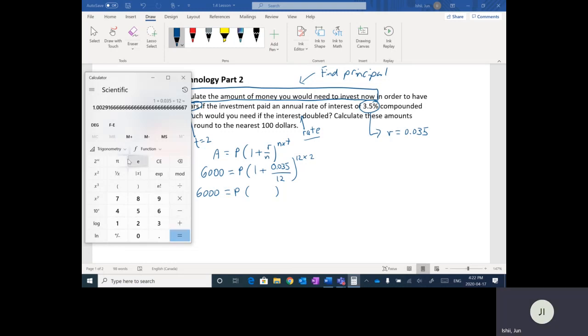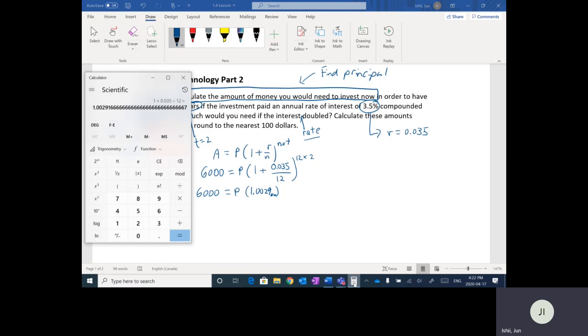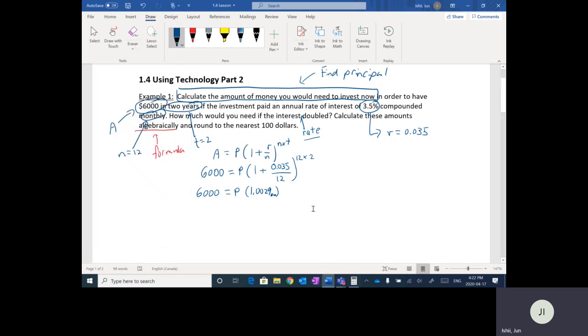Inside the brackets I got this really long decimal, but I'll just write down 1.0029 dot, dot, dot. Remember, we're going to do the rounding at the very end, so when it comes to these calculations, we want to leave the decimal in there. Now 12 times 2 is 24, so my exponent in this case is 24.